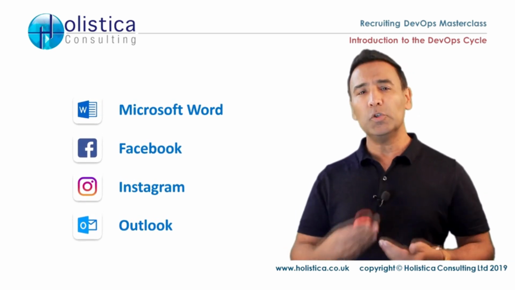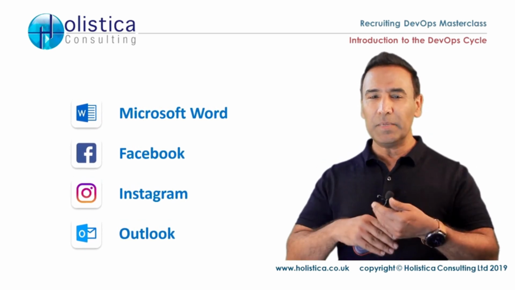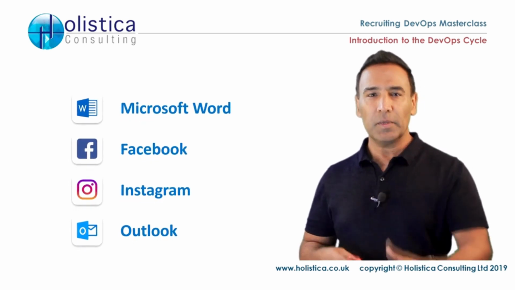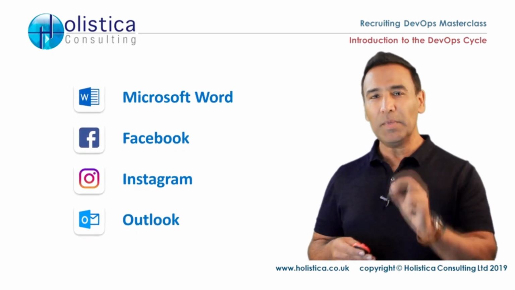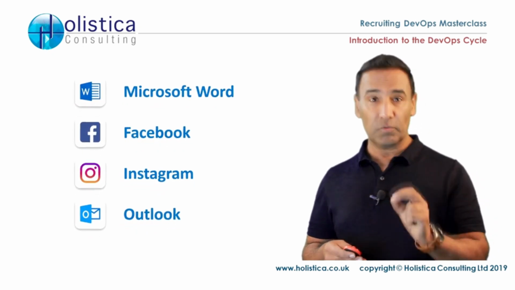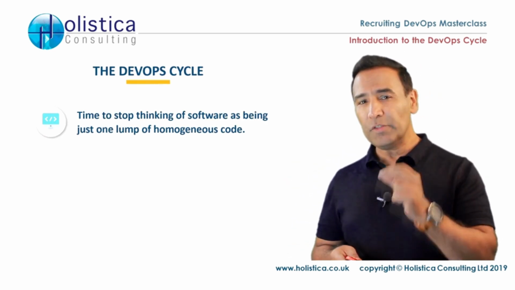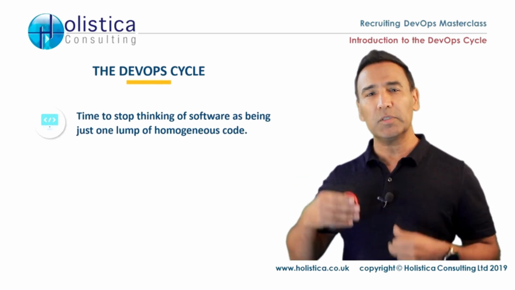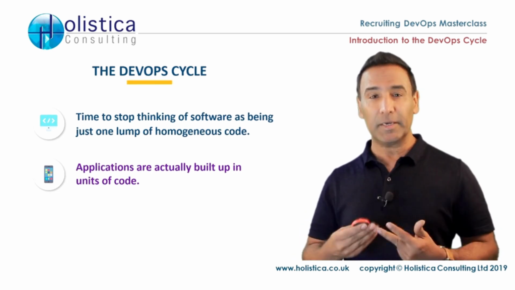But I'm now going to introduce you to the concept of these applications as not really being single lumps of homogeneous code. Think of applications from now on as actually being built up in units of code. So each of these large applications you should really think of as being smaller units of code, smaller components working together to form that large major application.